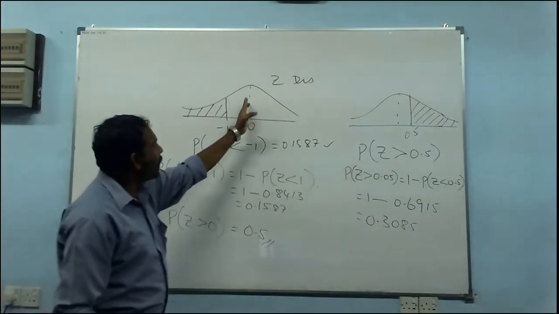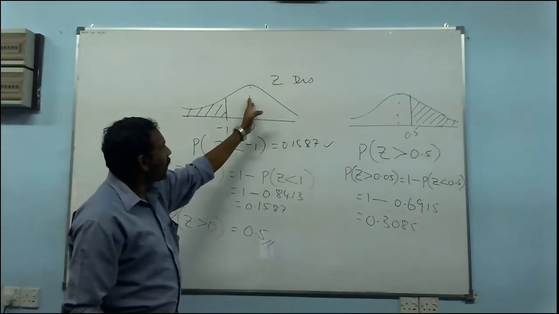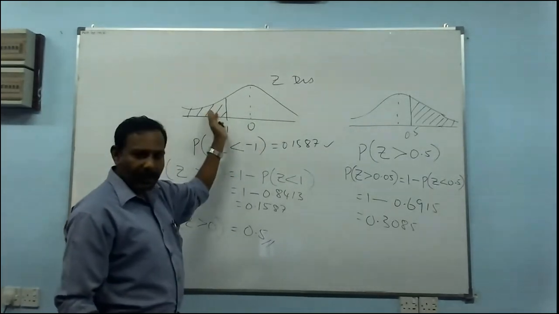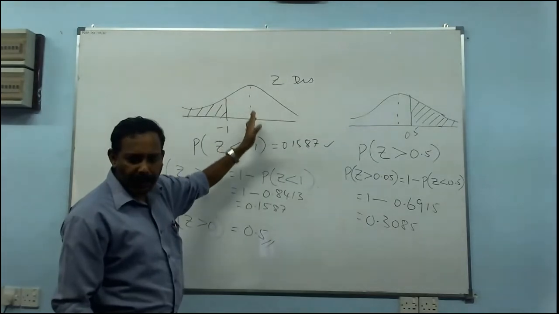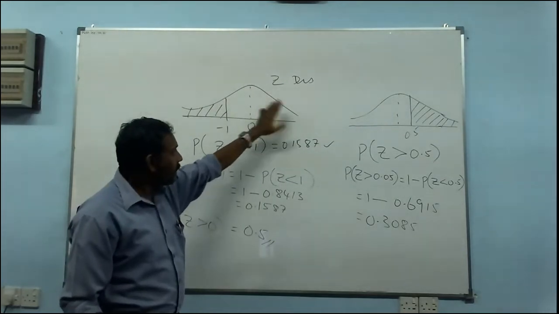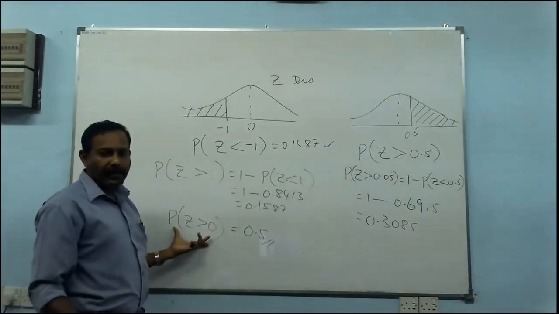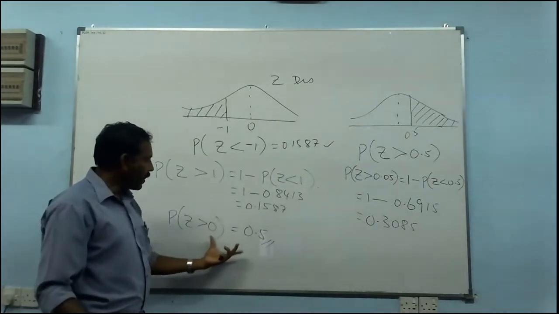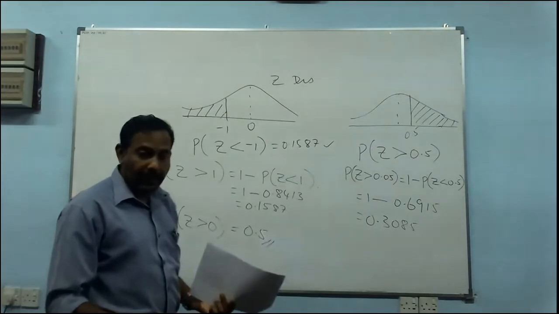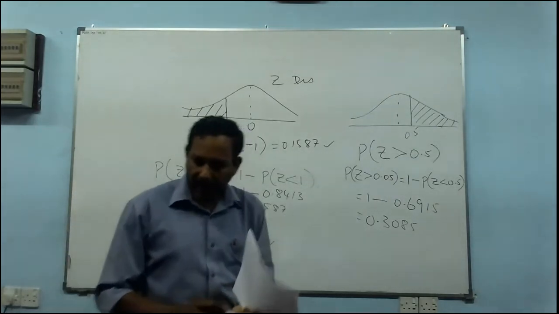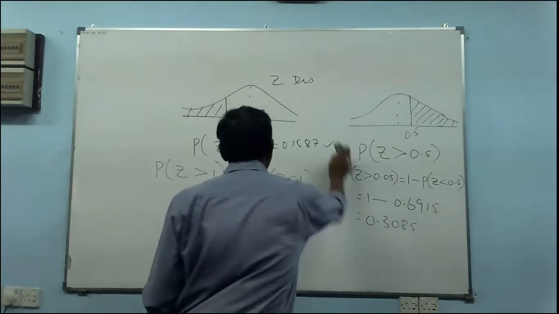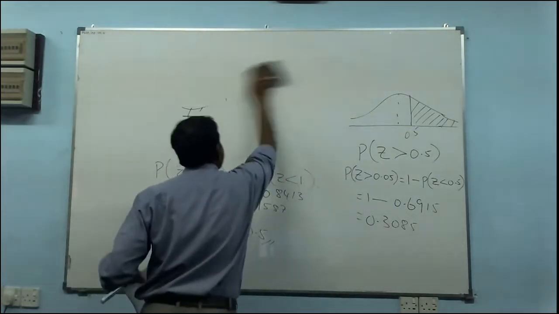Because in a z distribution, greater than 0 or less than 0 is symmetric about the mean, which is 0. So definitely this is 0.5 and this is 0.5. No need for any table to calculate the probability of greater than 0 or less than 0.